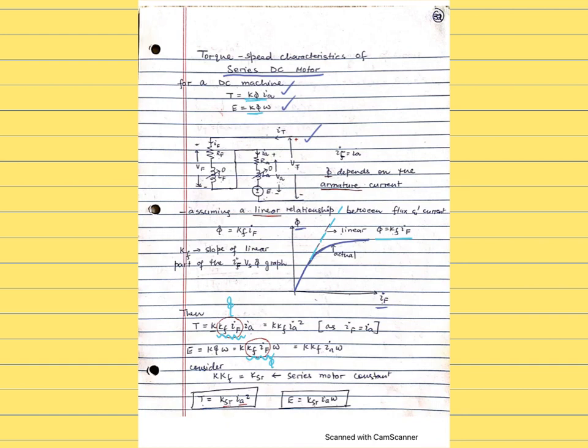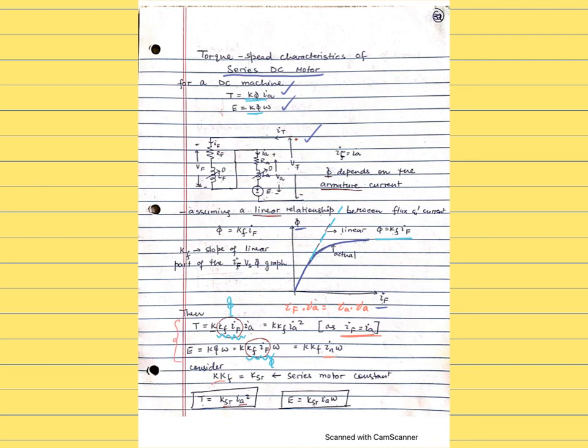That gives you K times KF times IF, so it's IF times IA. It's IA times IA, as IF is the same as IA. So IA square. And here I have replaced the IF with IA as well. Those are the modified equations for the series motor only.